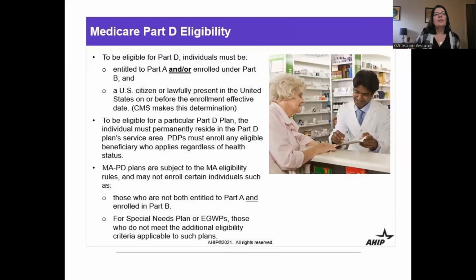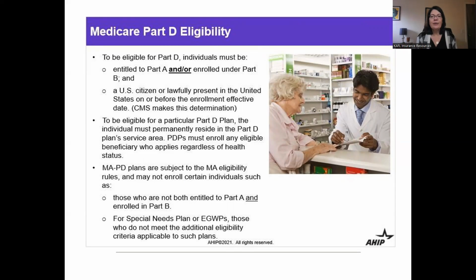So who is eligible for a Part D drug plan? You have to be entitled to A and or enrolled under Part B. You have to be a U.S. citizen or lawfully present in the U.S. And then you have to reside in the Part D plan service area.